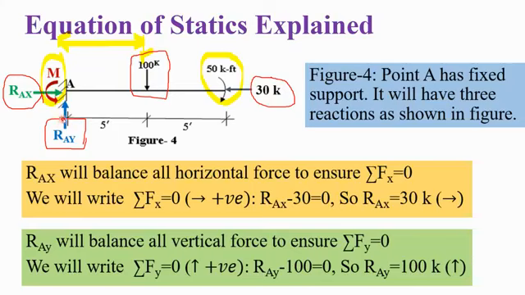And Ray, as I have told, this Ray and 100 kip are the only vertical forces, so Ray will be balanced by vertical forces, summation Fy 0. We write it like this: Fy 0, upward positive, Ray upward positive minus 100, as this is downward, is equal to 0. Ray is 100 kip and it is upward.